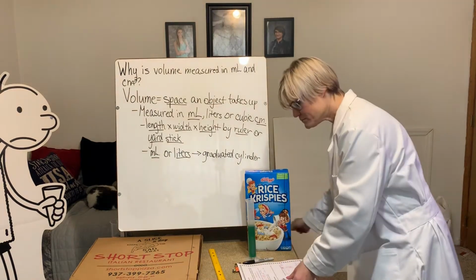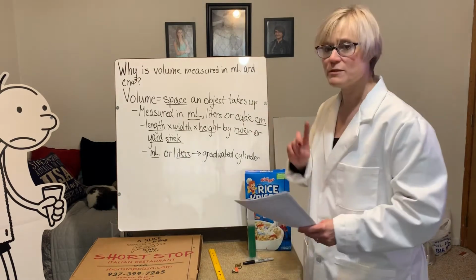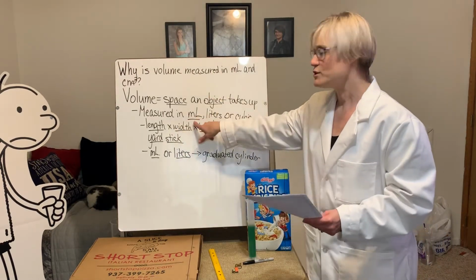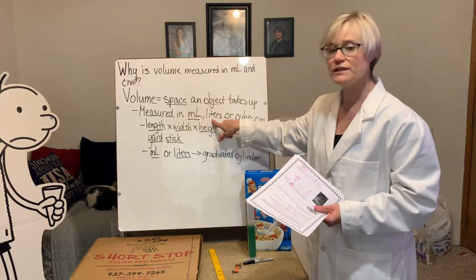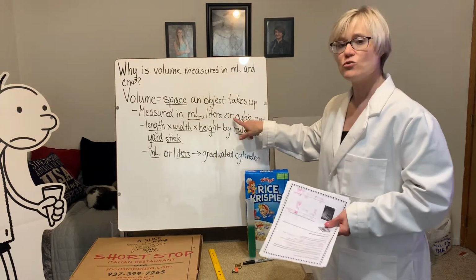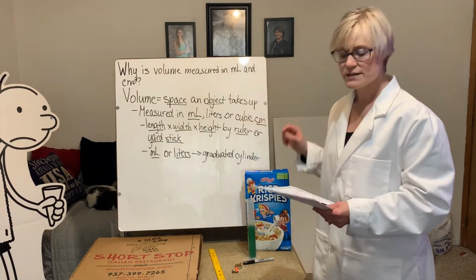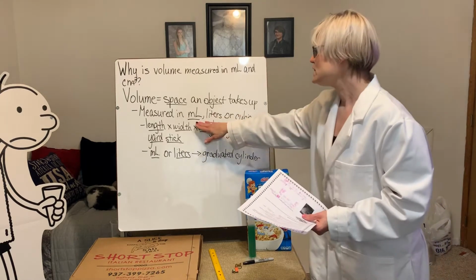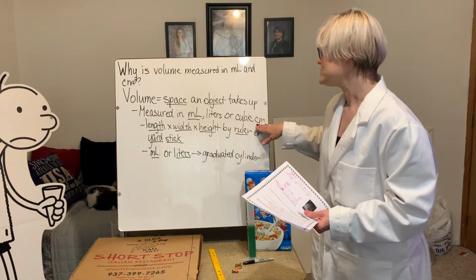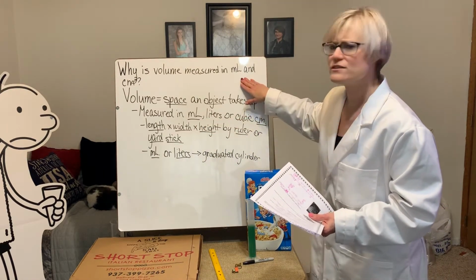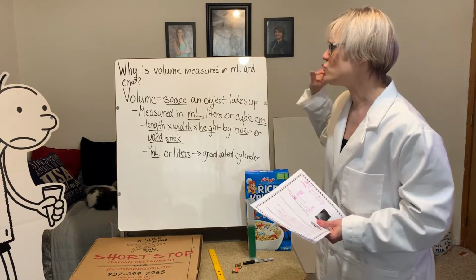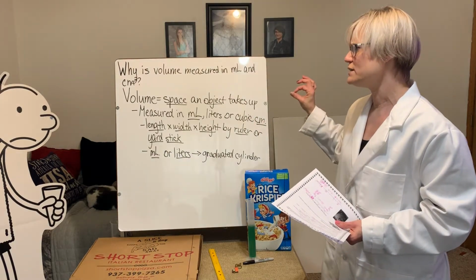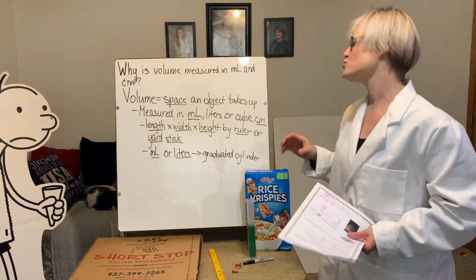All right, so volume can be measured in two different ways. Volume can be measured in milliliters or liters, or it can be measured in cubic centimeters. So liters and cubic centimeters go back to the question that I had for today, which is, why is volume measured in both milliliters and centimeter cubes?